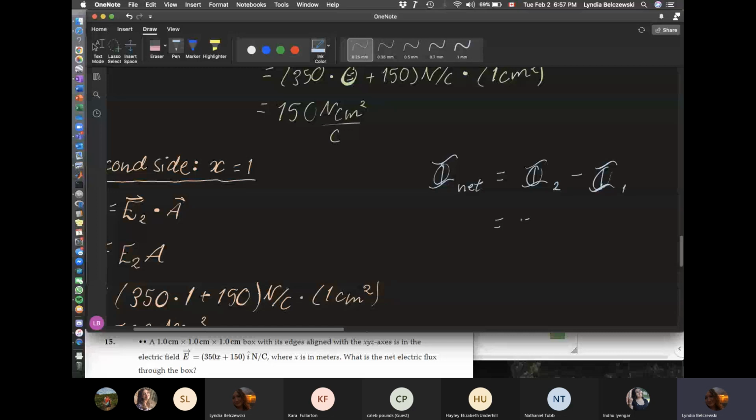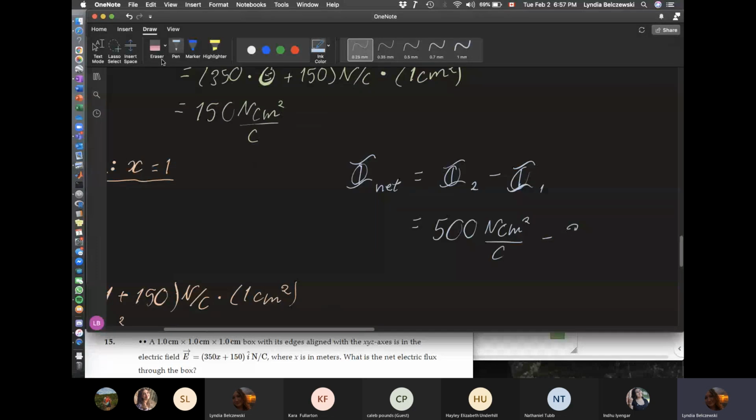And that'll be 500 Newton centimeters squared per coulomb minus 150. So overall, there's a net flux of 350 Newton centimeters squared per coulomb.